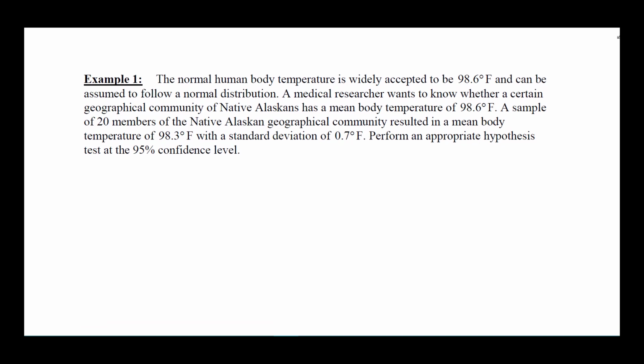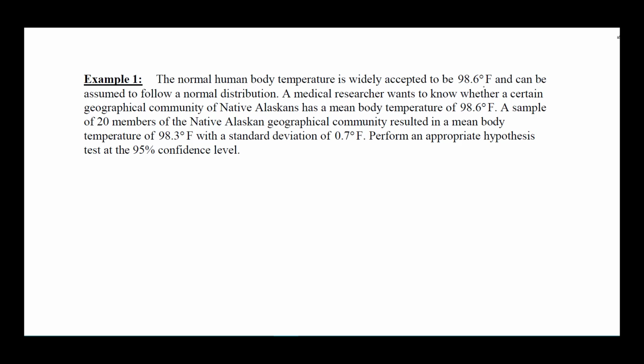So the normal human body temperature is accepted to be 98.6 degrees Fahrenheit and can be assumed to follow a normal distribution. We have a medical researcher who wants to know whether a certain community of Native Alaskans has a mean body temperature of that 98.6 degrees.